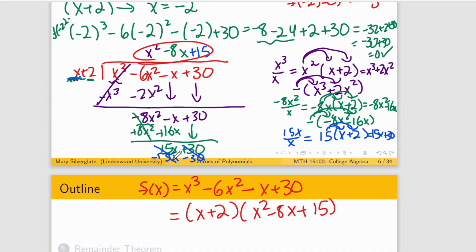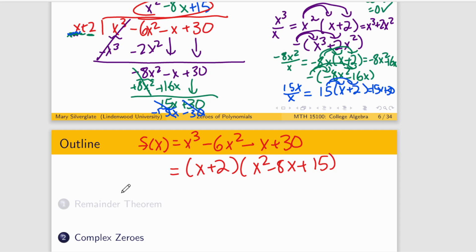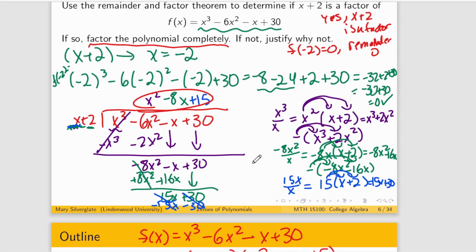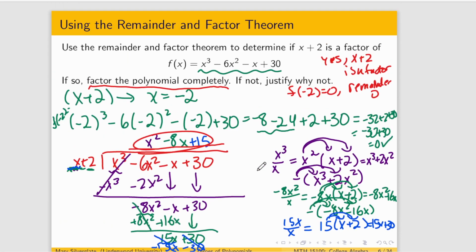Then I do want to ask myself, does x squared minus 8x plus 15 factor further? So I'm asking myself what's going to multiply to 15 and add to negative 8. That would be x minus 5 and x minus 3. And now I have completely factored this polynomial. So be careful that you don't just stop after the long division step if that result can factor further.